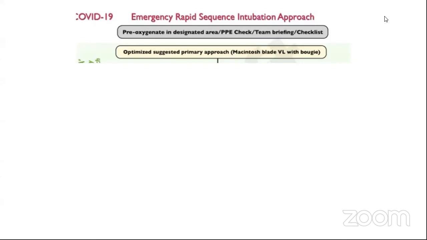Preparation of what? Preparation of instruments. You prepare your glidoscope. Here in COVID patients, it's recommended to use the glidoscope, not the direct laryngoscope, because you want to stay away from the patient as much as you can. Prepare your tubes, your stylets, a suction, every instrument that you think you will need.